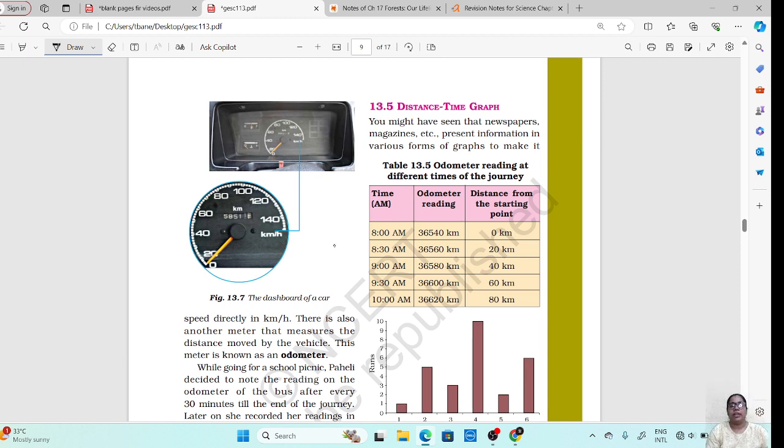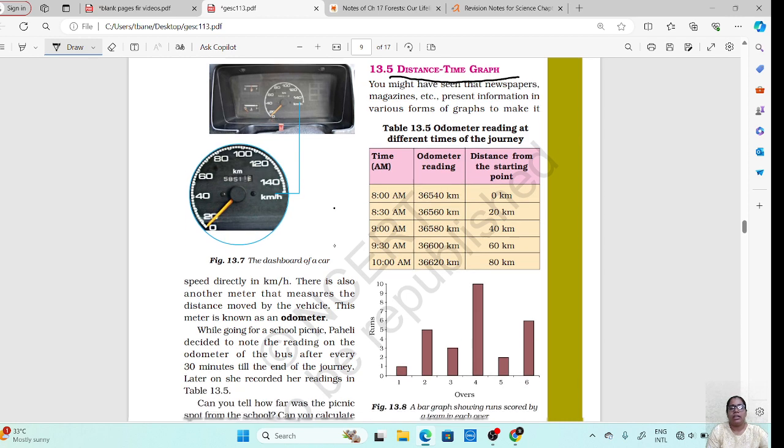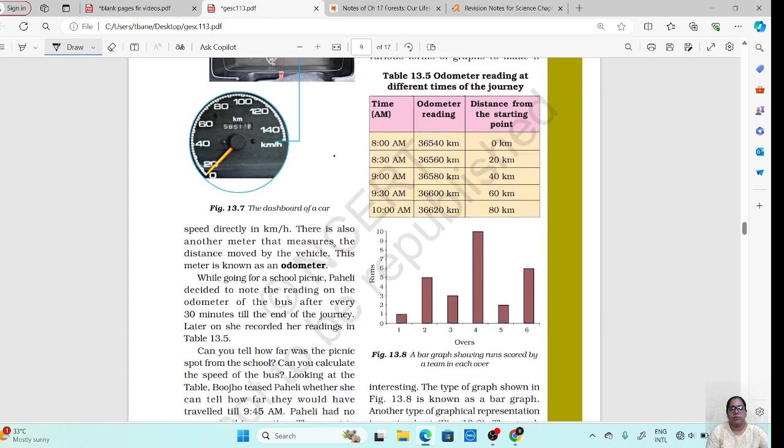Okay, so today we will see the graphical representation of motion. First let us see what is the meaning of distance time graph. The motion or the distance time can be represented using a graphical method. So here let us see which are the types of graphs.